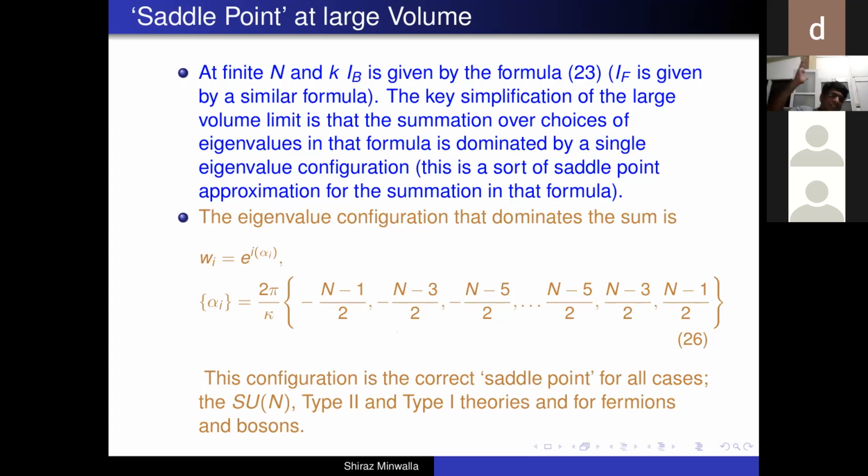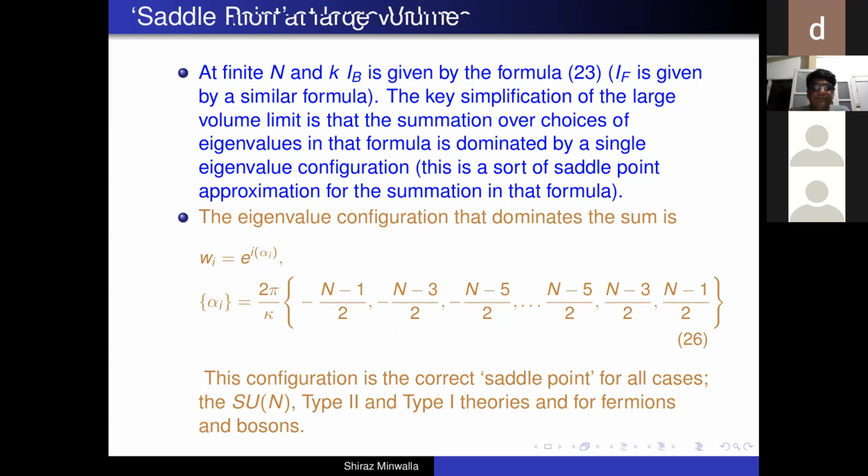The saddle point tells you that out of all the summation over this finite number of discrete eigenvalues, only one configuration contributes. And that configuration has the eigenvalues as uniformly distributed around the identity as they can be, consistent with all other constraints they're supposed to satisfy.